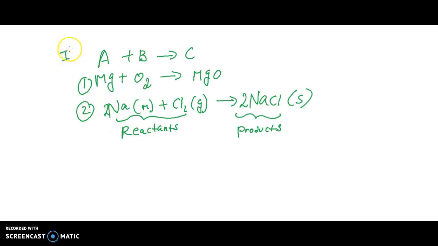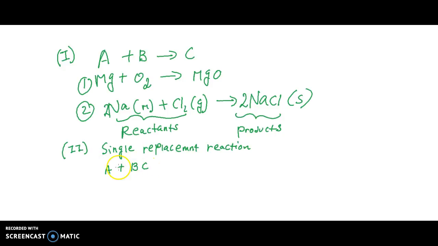I put Roman numeral 1, and then the next one will be Roman numeral 2, which is called a single replacement reaction. What it means is, in a single replacement reaction, it is a reaction between a single element and a compound.